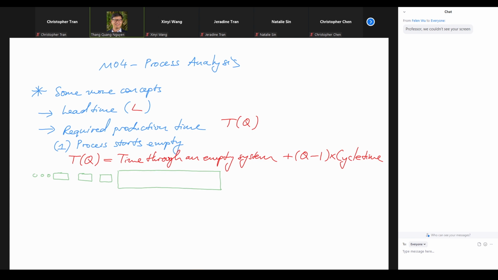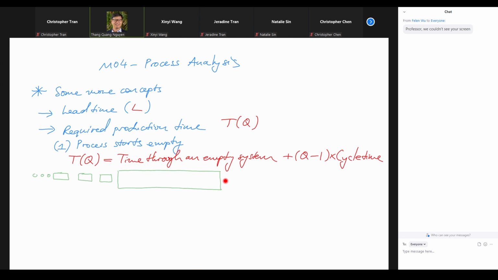So our calculation is the following. How long does it take these 20 pizzas to go through the whole system, right? How long does it take for the last pizza to reach the end of the process? That's the required production time of the 20 pizzas.